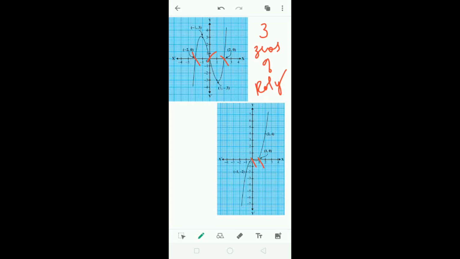So there are two points of intersection on the x-axis. So for the second diagram we have two zeros of the polynomial, right? So these two things we have to remember for a cubic polynomial. Likewise we can get diagrams with no zero, 1 zero, 2 zeros, and at most 3 zeros for a cubic equation, right?